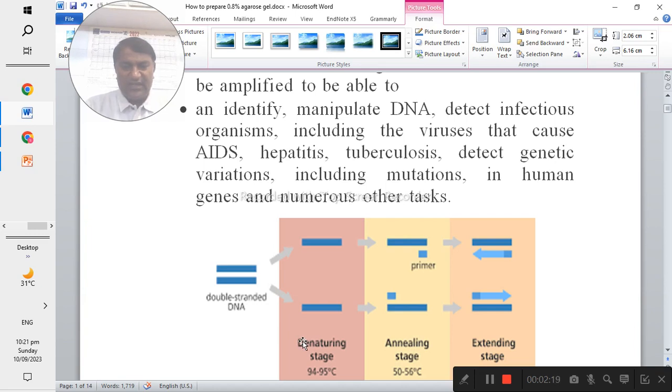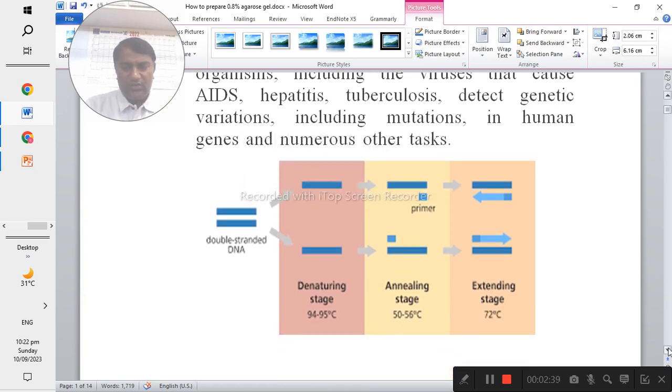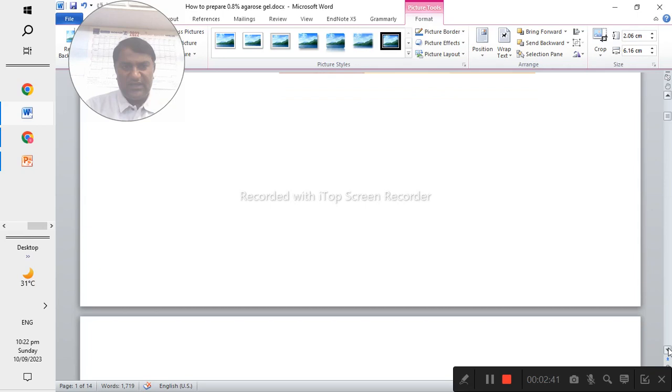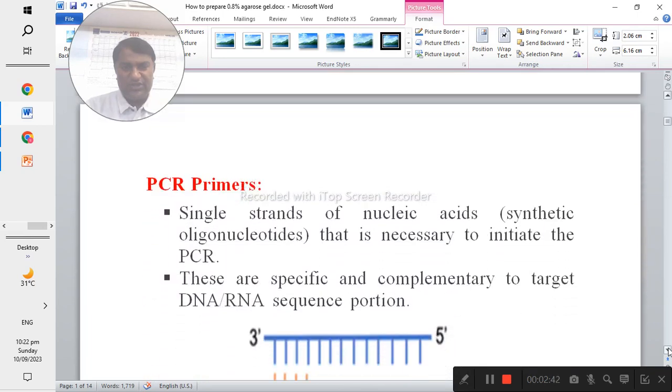At the annealing stage the primers are important, because these primers play an important role in extending and multiplying the DNA strands. So this is the introduction of PCR, but here are the PCR primers.